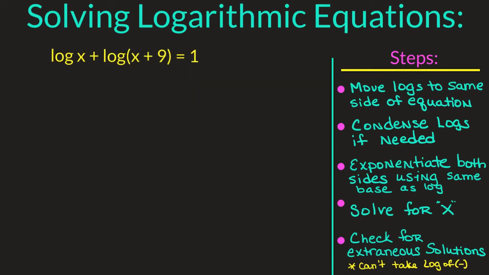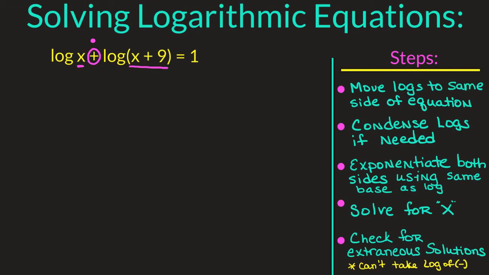Our next example, log of x plus log of x plus 9 equals 1. Looking at our steps, it looks like we don't need to really do step 1 because the logs are on the same side. We do need to go ahead and condense. So if you can recall, the plus in the middle of the two logs will mean that we're going to multiply. You're going to multiply the x times your x plus 9.